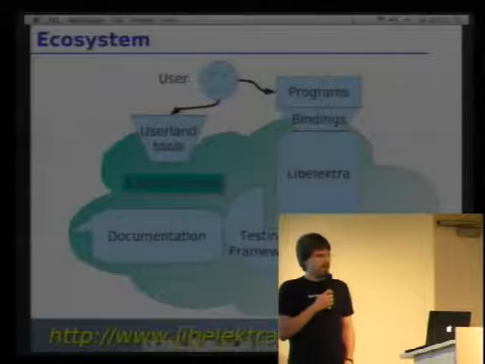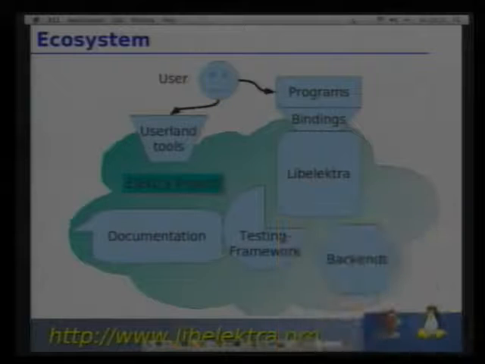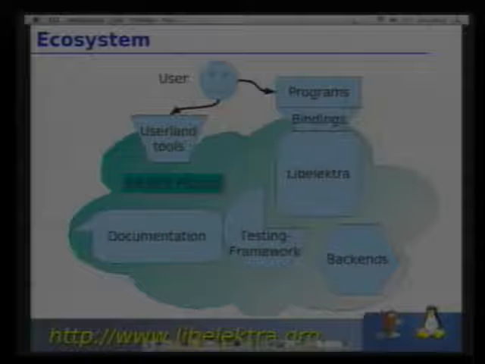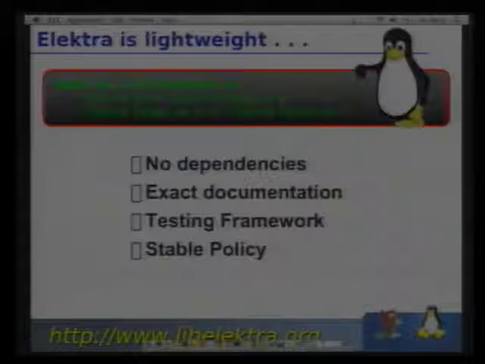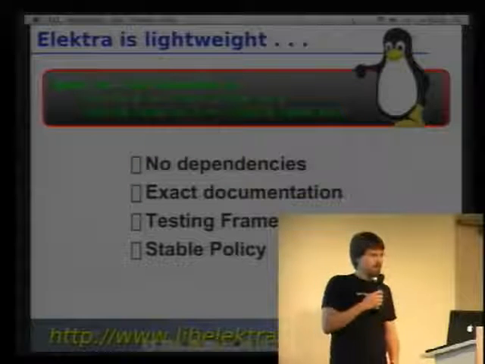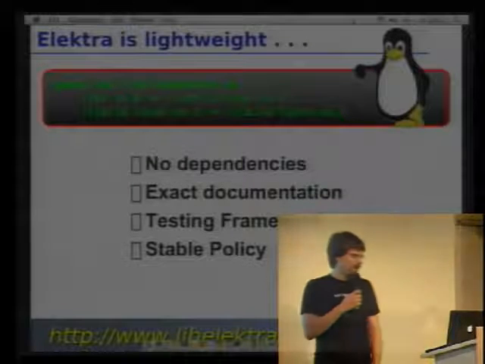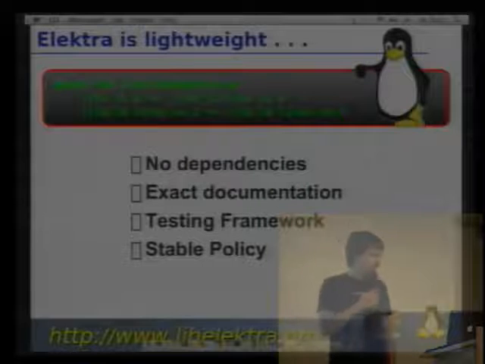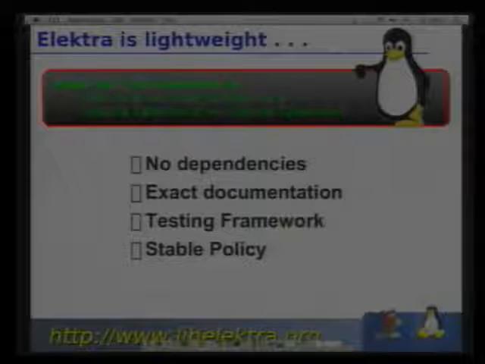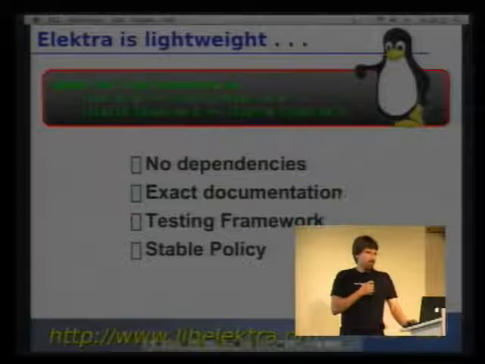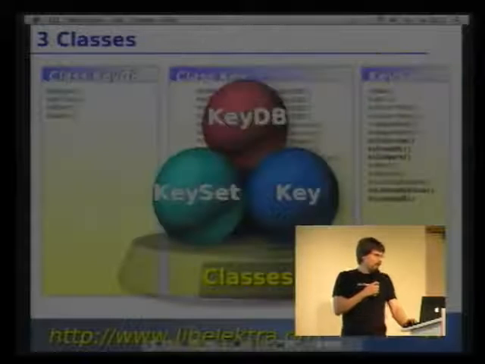The ecosystem can be shown in that the user does not only configure programs, but also other tools need access to it. Elektra is a library which is very light. It has no dependencies, an exact documentation, and a large testing framework. We will release in the next year the next stable version, which will be supported for at least 1 year.